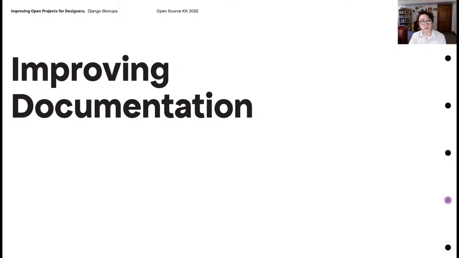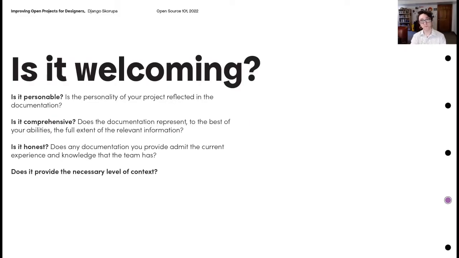Because you can't design for someone in a way that you can interview them and ask them what they need, because they aren't in the situation in which they are needing to interact with your documentation yet. So providing as much as you possibly can from the outset will set the right standard for the documentation creation later in the process. So the first thing to ask yourself when you're writing documentation is, is it welcoming?